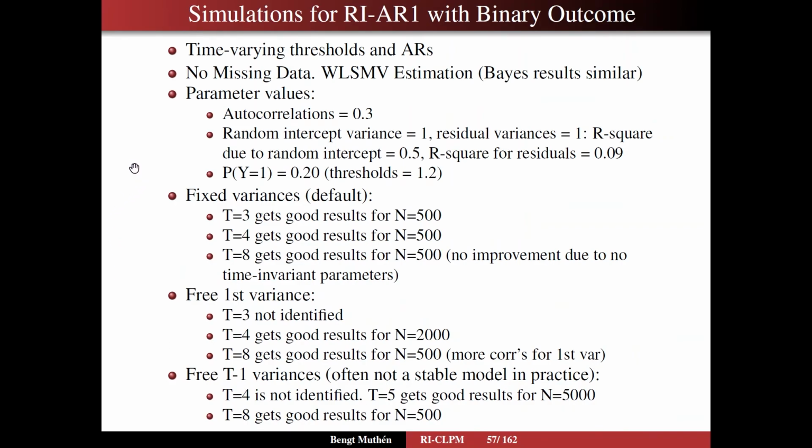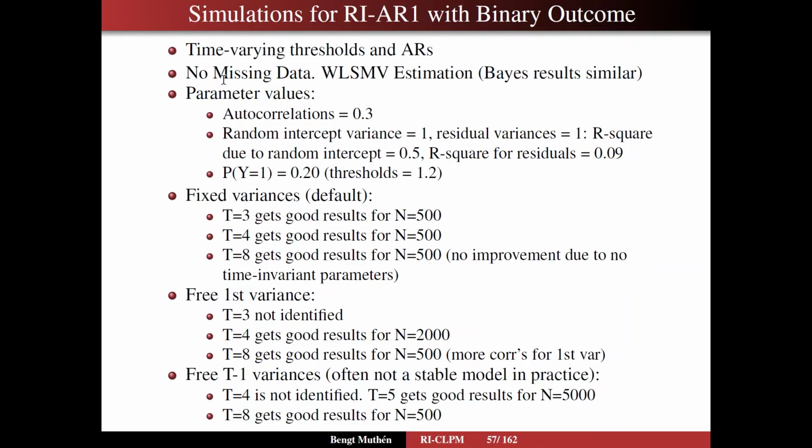So on slide 57 then, I turn to simulations, where I should mention that output from some of the simulation runs is posted on the website of the Webtalk. Throughout the simulations, we have binary outcomes, time-varying thresholds, and time-varying autoregressive coefficients beta.